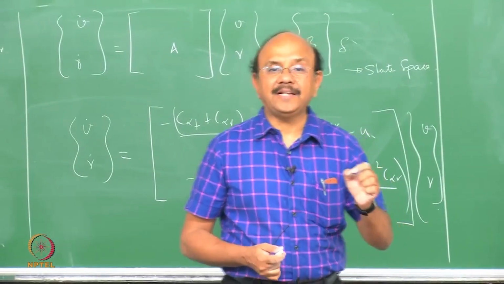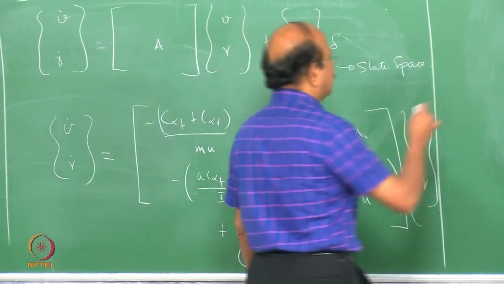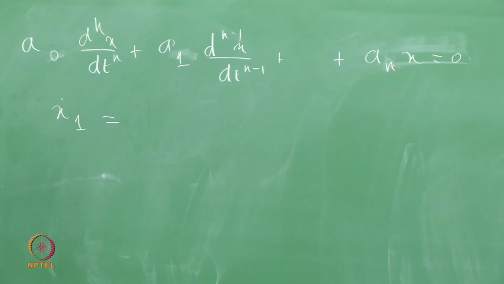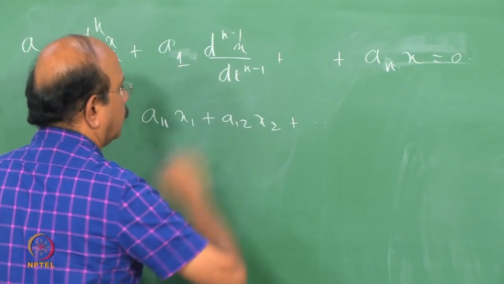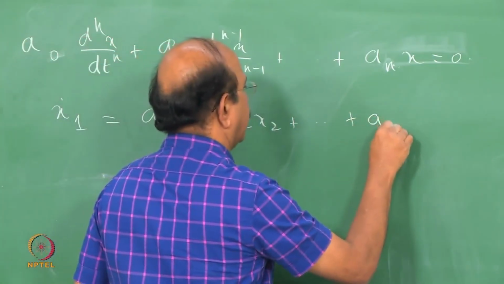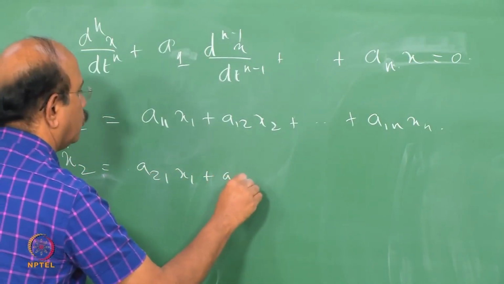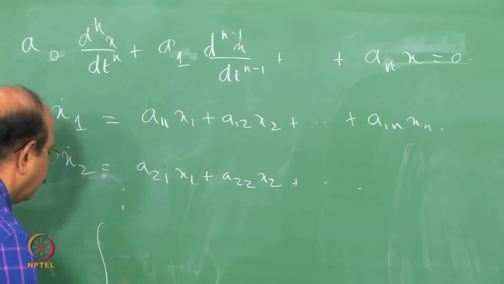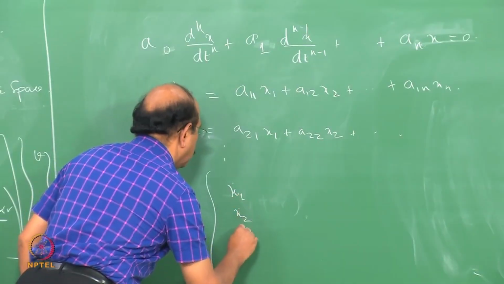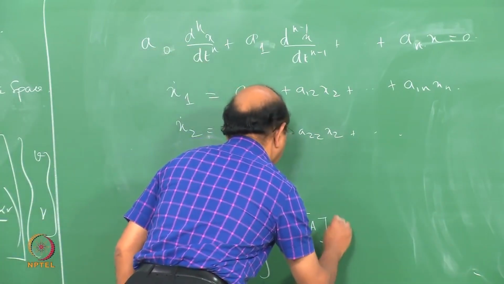You can also write this down in the state space form which we had written down, in terms of what are called the state variables. x dot 1 is equal to a11 x1 plus a12 x2 plus so on plus a1n xn, and then x dot 2 is equal to a21 x1 plus a22 x2 plus, and so on, so that x dot 1, x dot 2, x dot n is equal to A x.